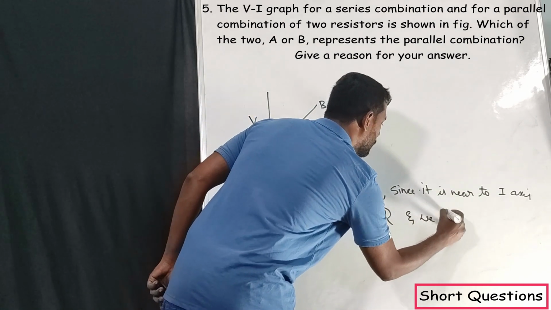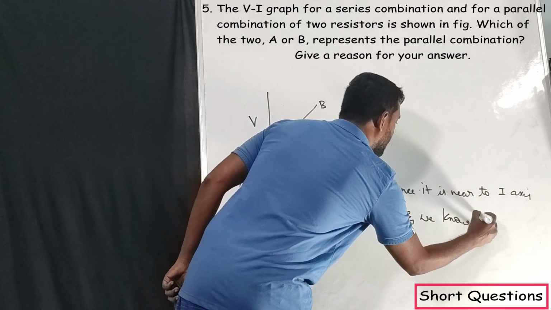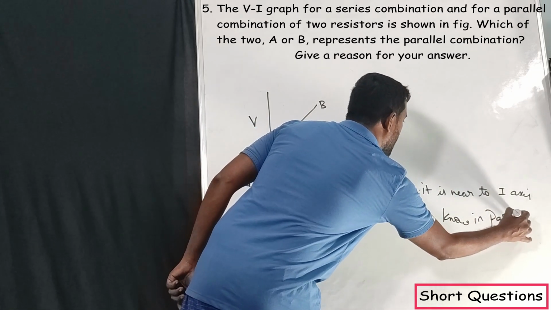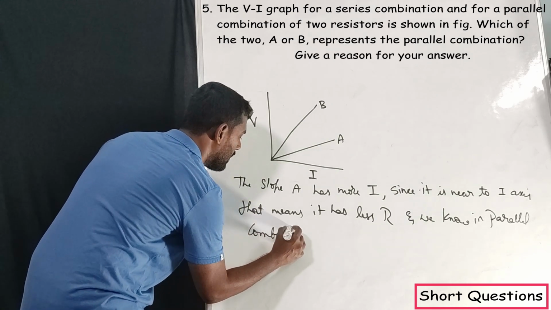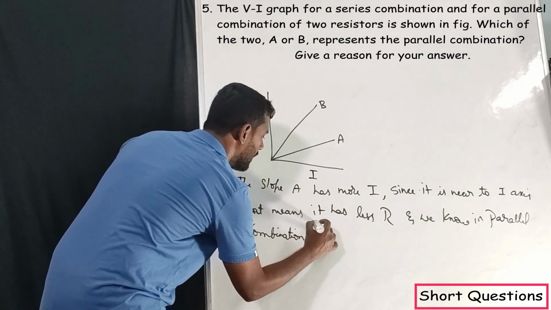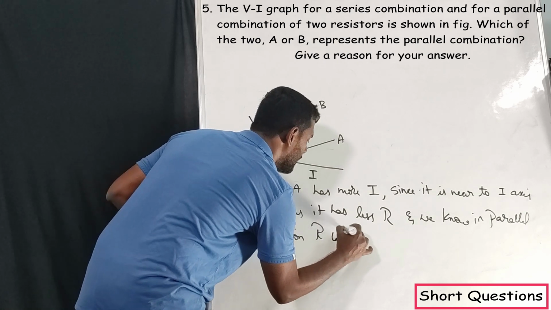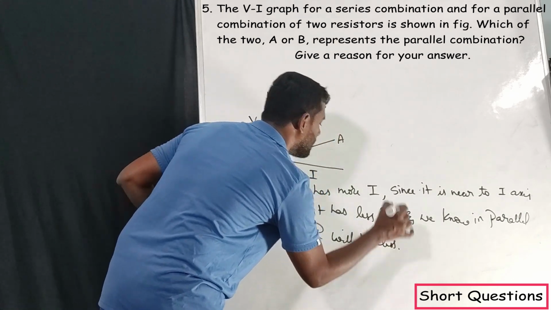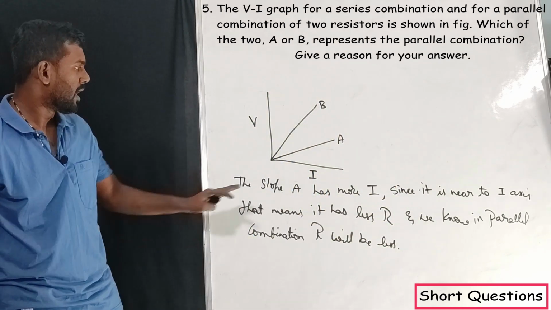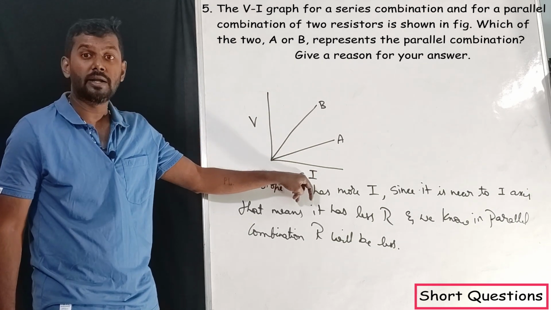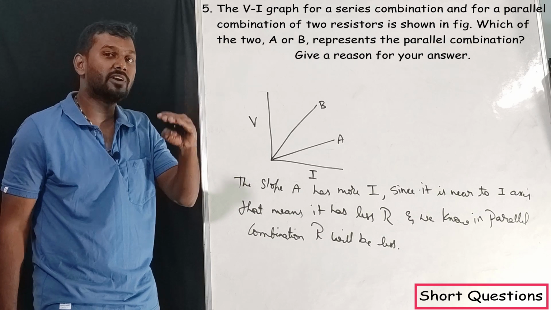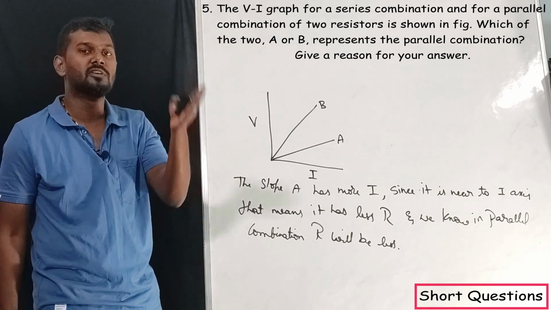We know in parallel combination resistance will be less. If the slope is near to I, it has more current, and if it has more current, the resistance will be less.